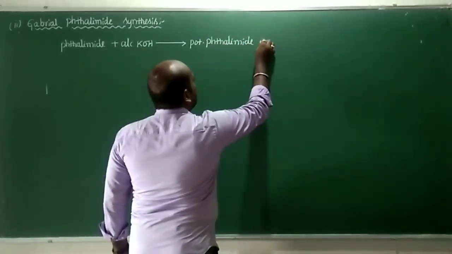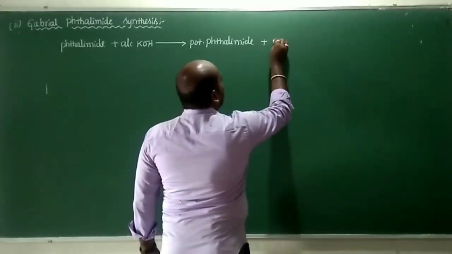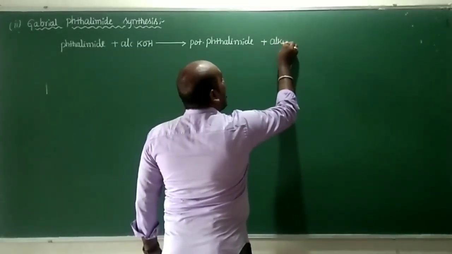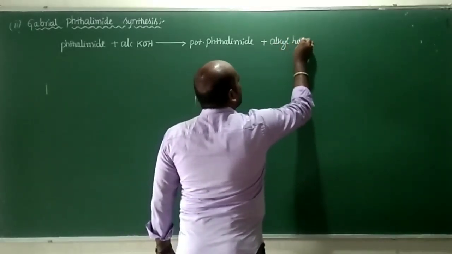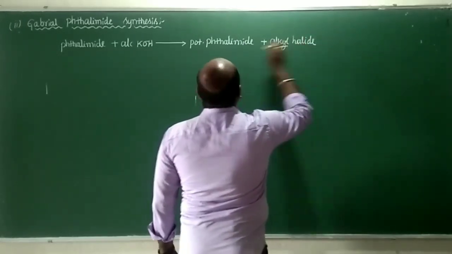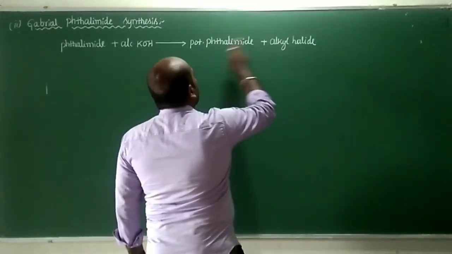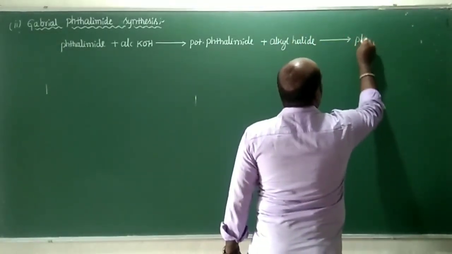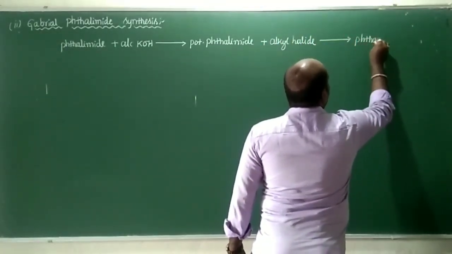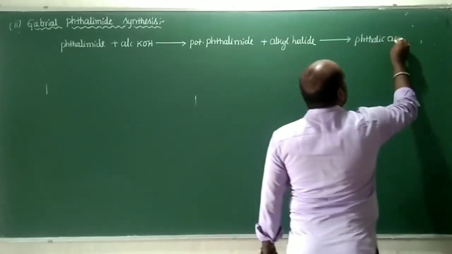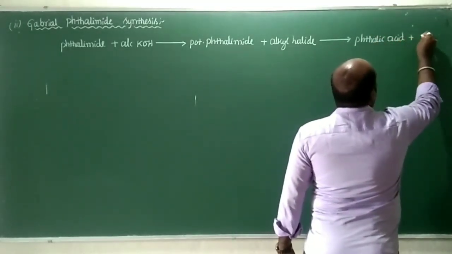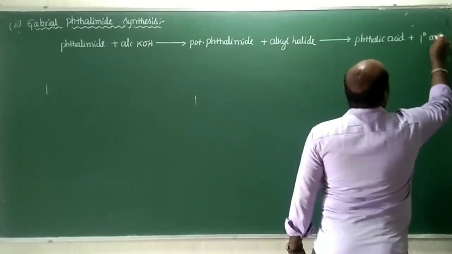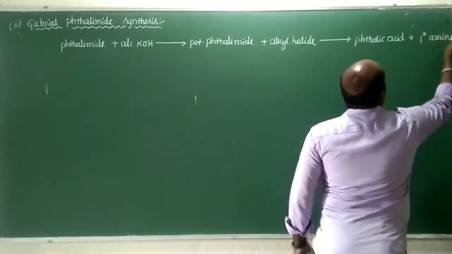And this potassium phthalimide will be further reacted with an alkyl halide, and on reacting potassium phthalimide with alkyl halide, we will be getting two products. One is phthalic acid and another one is primary amine.